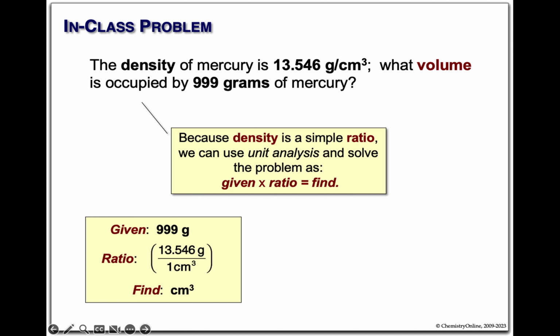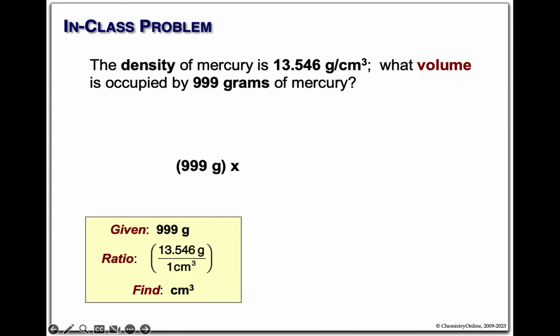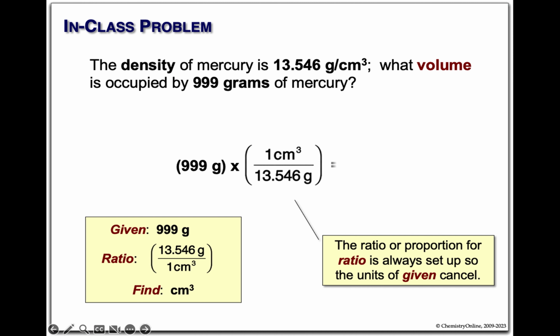Given has units of grams, and our ratio has grams in the numerator. It has to be upside down, doesn't it? What you do in a case like this is simply flip it over. So our given, take the ratio here. We want to turn it over. There, that's better. Now grams cancel, and we multiply 1 by 999 divided by 13.5. We have about 74 mils.